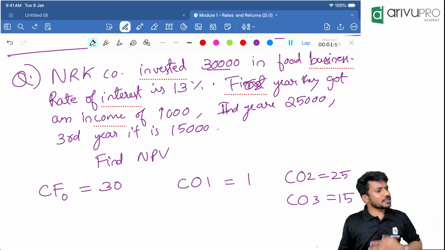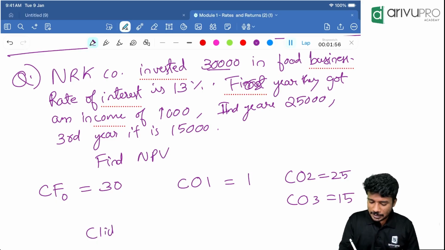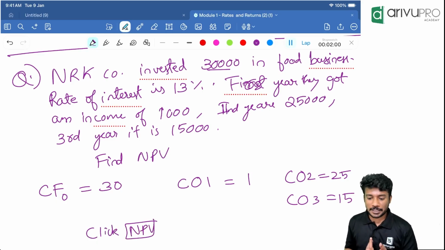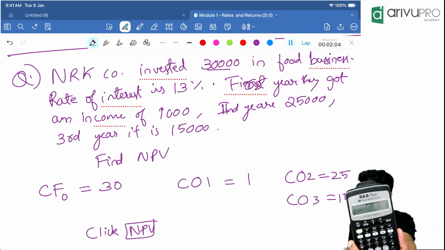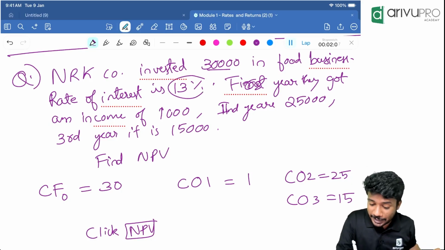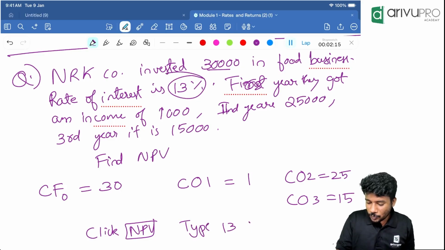Now, my next question is to you guys. How to compute NPV? Click which button? Click the NPV button. Once you click the NPV button, something else pops up. I value. What is this I? Interest. Interest is already given in the question. How much is it? 13%. So type 13. Then click what?